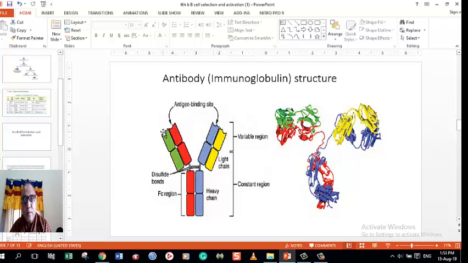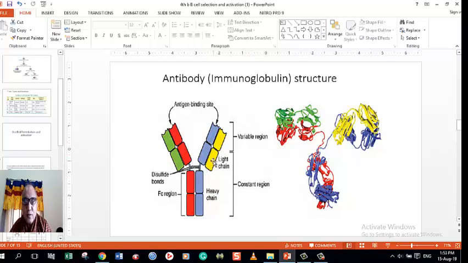These will keep on changing with different antigens. Once the antigen is recognized, the antibody is produced. Depending on the specificity, these 4 proteins change. Therefore, this is the region where antigen binds with the antibody. This region is called variable because it varies from antibody to antibody.